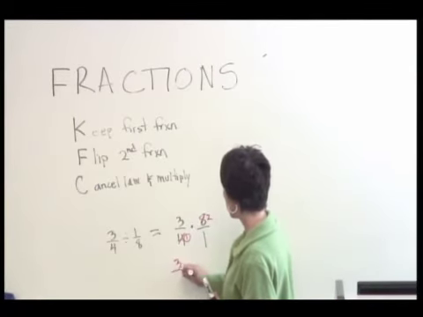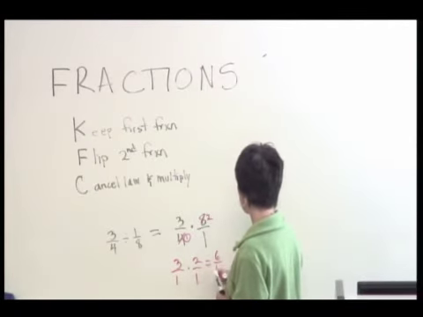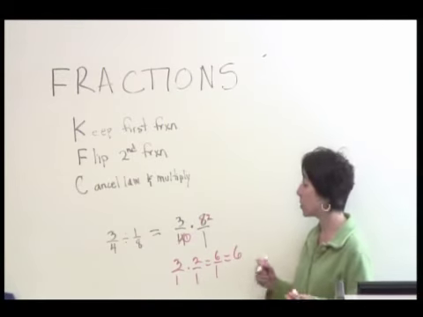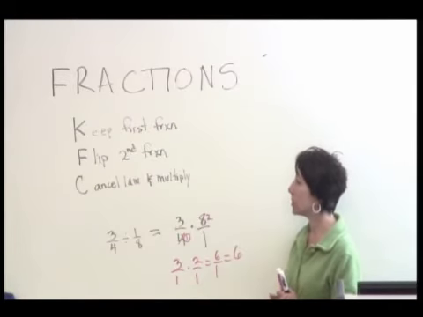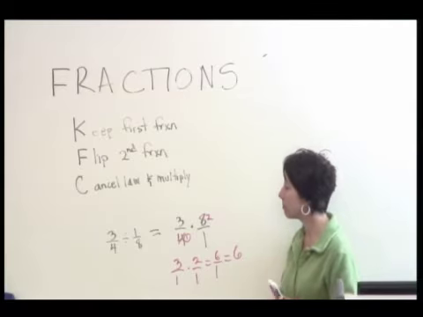So I'm going to rewrite my problem. 3/1 times 2/1 equals 6/1, which simplifies to 6. So that's the answer that we got. So we want to keep the first, flip the second, use the cancel law, and then multiply.